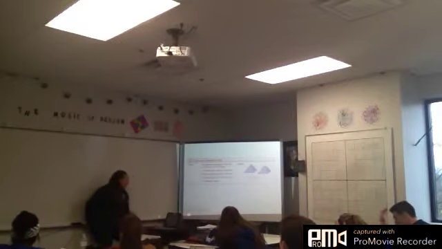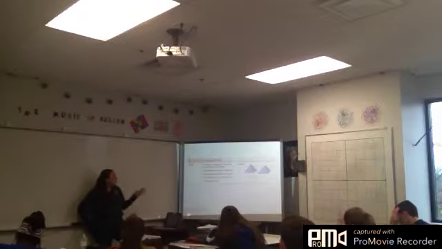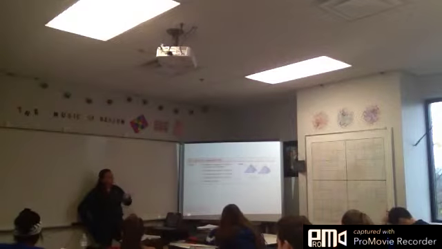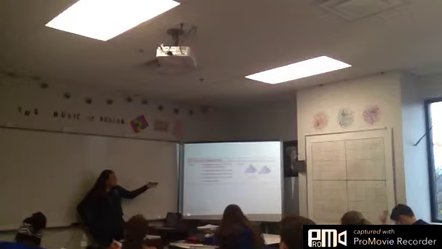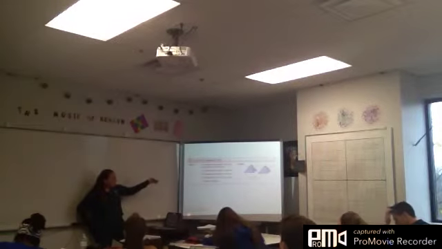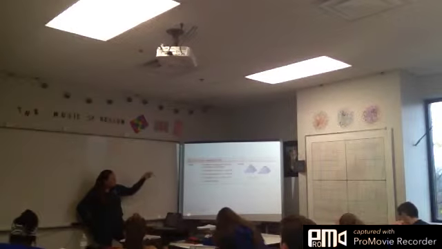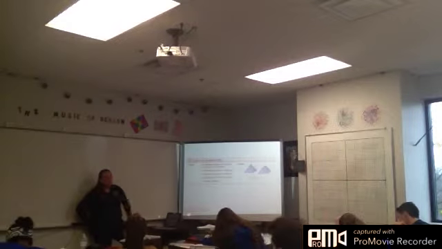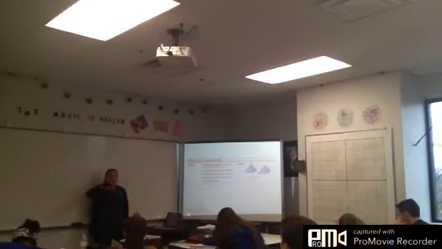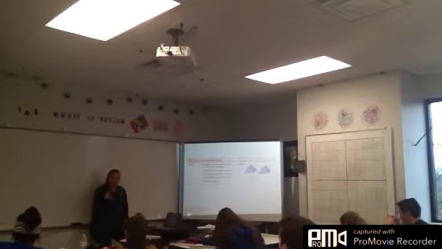Okay, congruent solids. Two solids are congruent if they have the following characteristics. I'm just beating this into your head. Corresponding angles are congruent. Corresponding edges are congruent. Corresponding faces are congruent. And volumes are equal. Remember we talked about this yesterday: if my cross section is equal and my height is equal, my volume is equal.